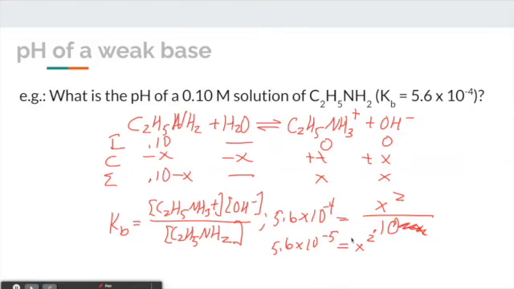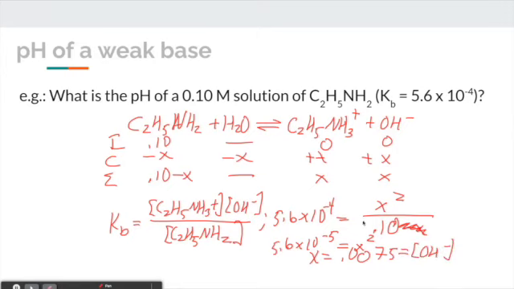And x is, after that calculation, 0.0075. 0.0075 is, in fact, very small compared with 0.1, so my assumption was a legitimate assumption to make there. That is equal to concentration of OH minus.